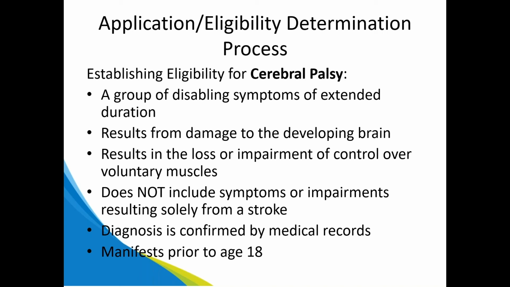For the purpose of this definition, cerebral palsy does not include those symptoms or impairments resulting solely from a stroke. Diagnosis is confirmed by written documentation from either a medical doctor, a doctor of osteopathy, or other medical records documenting a diagnosis of cerebral palsy before the age of 18.